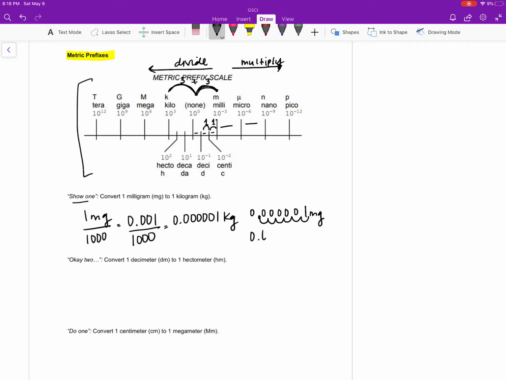Okay, and then I'm going to rewrite it as 0.000001 kilogram. Now, what's important here is this 0 in front of the decimal place. The reason that 0 is important is because it draws attention to the fact that there's a decimal place, because most numbers don't start with a 0.